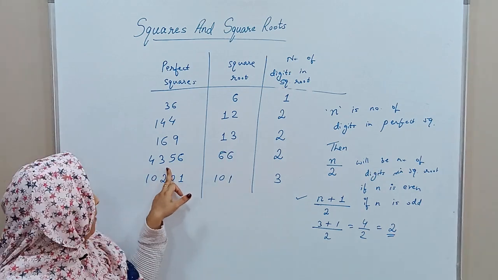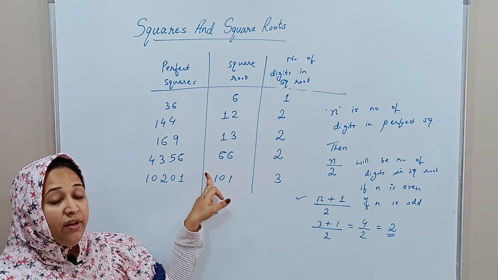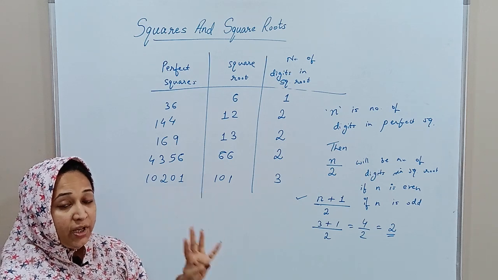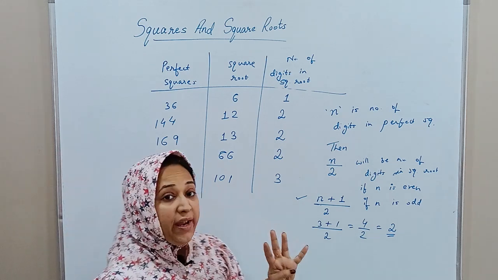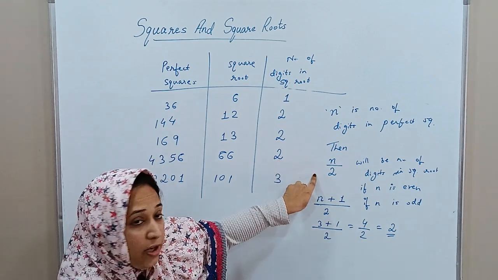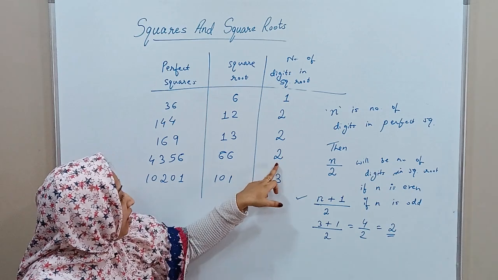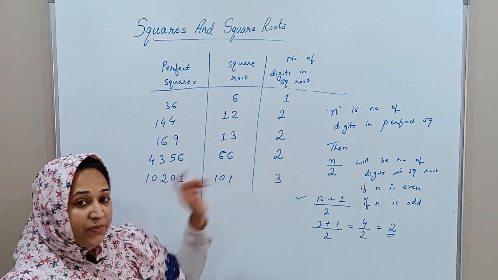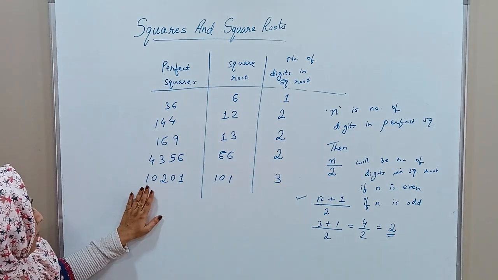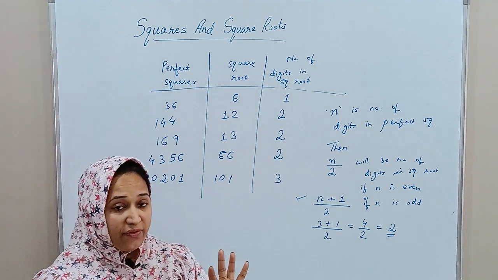The fourth number 4356, it is a perfect square where n is equal to 4. Now n is even. If n is even, the number of digits in a square root will be n divided by 2. So 4 by 2 will be 2. So we have 2 digits in the square root. Now in the last example, 10201, the number of digits are 5, right?